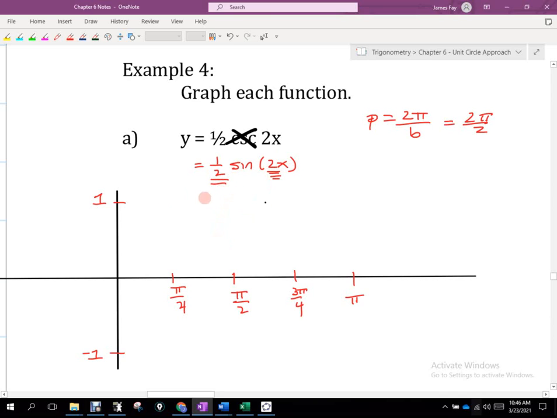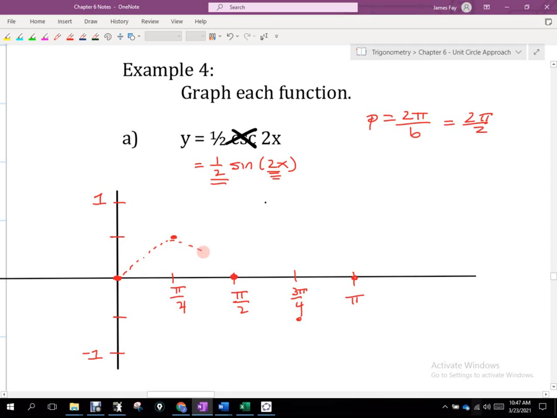What's this 1/2 going to do to each of the y values on the parent function of my sine curve? Normally, if I just had sine of 2x, I would normally be at a height of 1, right? It's going to cut it in half. So it's going to make that height go to 1/2. Okay? This is going to get cut in half, and this is going to be a height of -1/2.